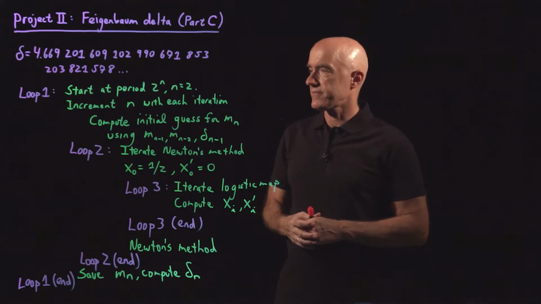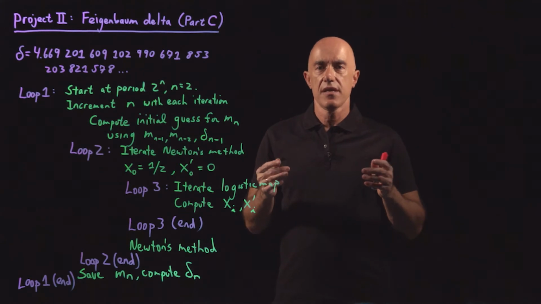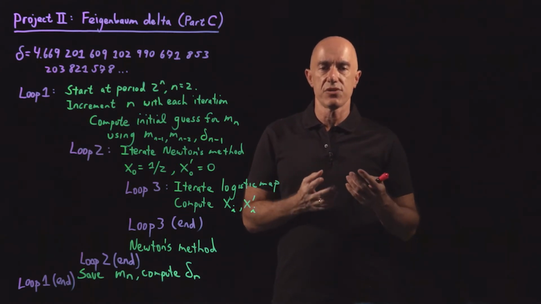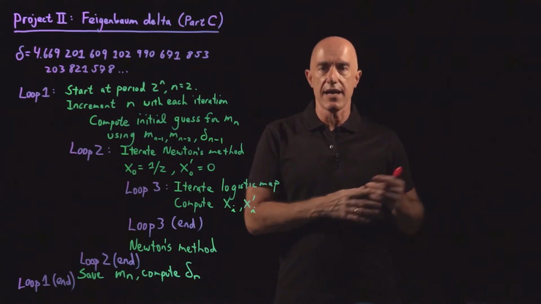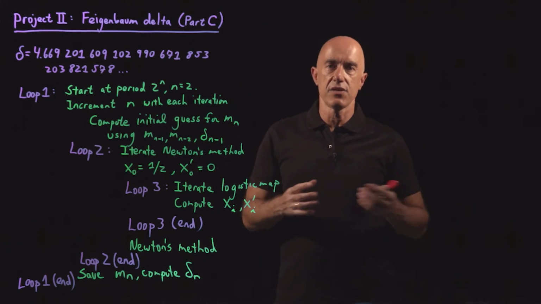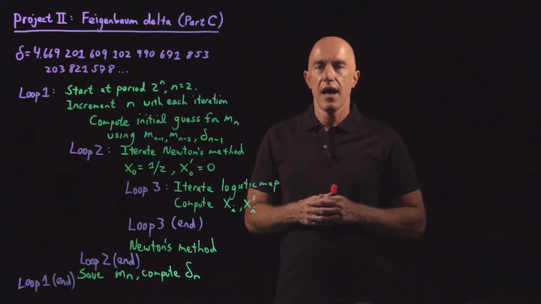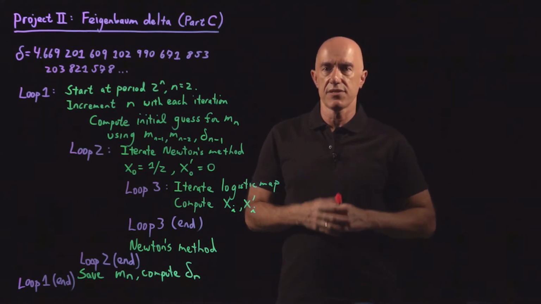So in the first lecture, I give you some theory that the Feigenbaum delta is a constant which measures the period doubling approach to chaotic solutions in a nonlinear system. It shows up in a lot of different systems, but the easiest system to look at it in is the logistic map.